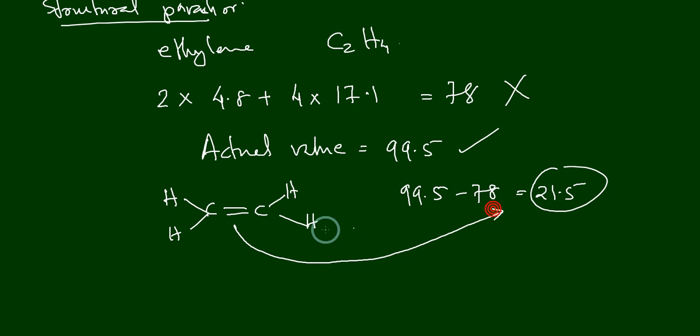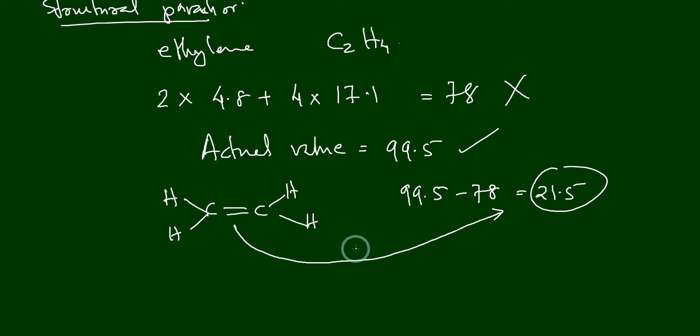What is that structural feature? That is the carbon-carbon double bond. There should be a contribution from the carbon-carbon double bond, and this contribution adds to the atomic parachors, and then we get the total parachor, which is 99.5. Therefore, the carbon-carbon double bond in this molecule must have contributed 21.5 towards the total parachor. What does it mean? Not only the atoms contribute towards the total parachor, but the structural features of the molecule also contribute.